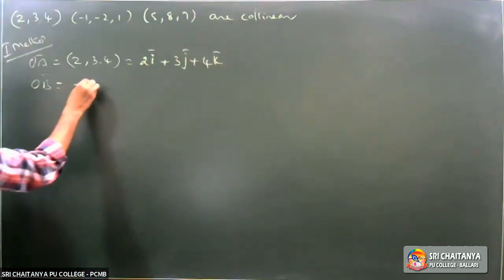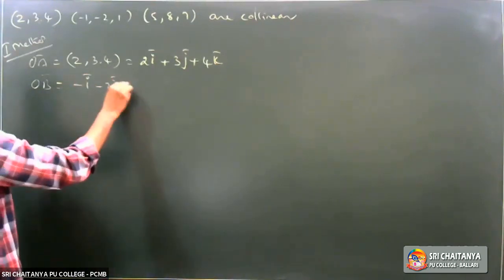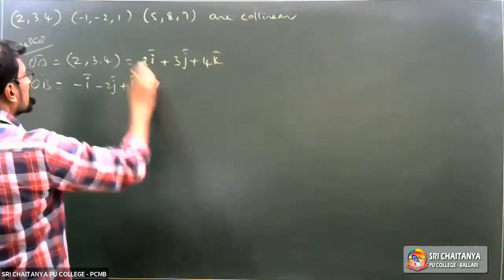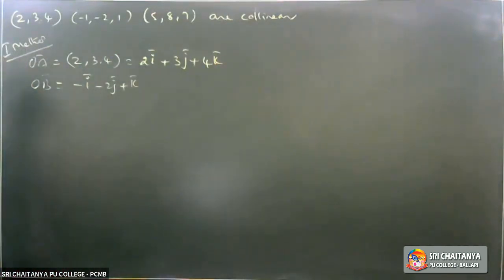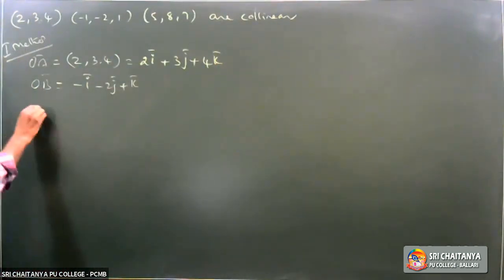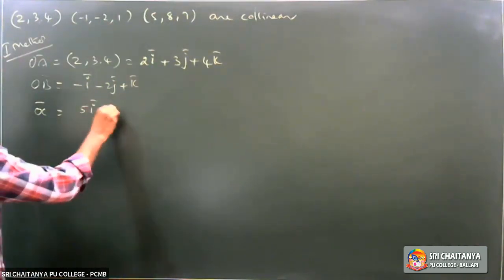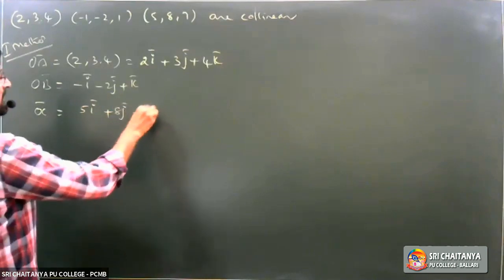OB bar is equal to -i minus 2j plus k, which is -1, -2, 1. OC bar is equal to 5i bar plus 8j bar plus 7k bar.